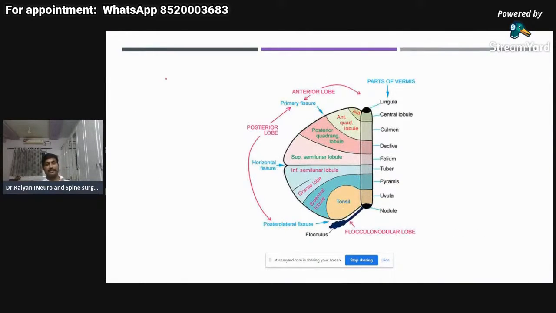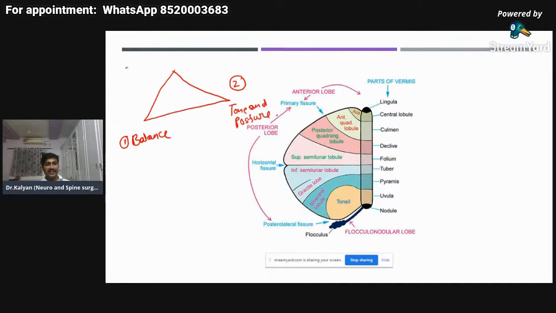When I say cerebellum, you will have to remember three important things. Whether you remember all these things or not, the cerebellum has three main functions. One of the main functions of the cerebellum is balance. The second most important function is maintenance of tone and posture.